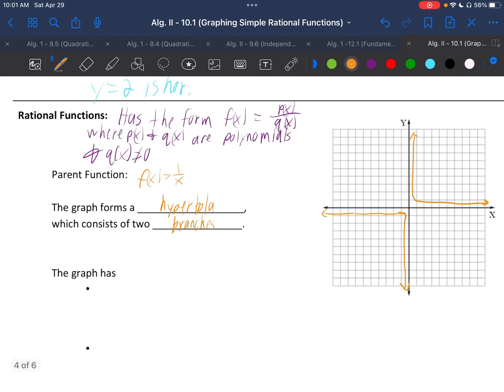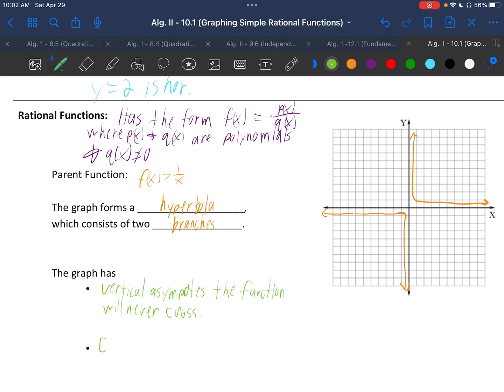And the reason for that is because this graph has what we call vertical asymptotes. So it has vertical asymptotes that the graph will never cross.